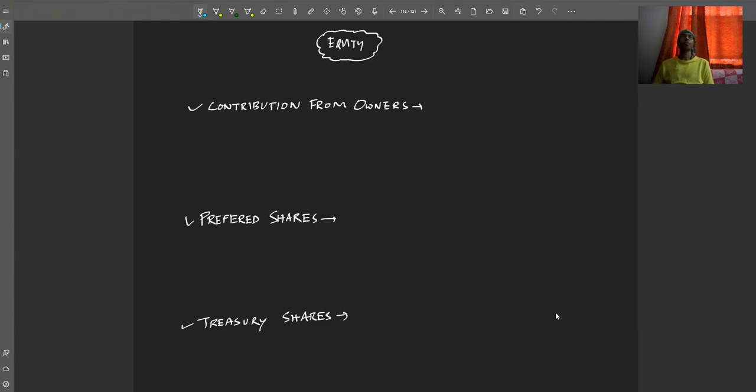So friends, now we come to the equity. Equity, as we know, is assets minus liability. When you adjust the assets for the liabilities, what you are left with is the equity. Now, equity can be bifurcated into various sections or categories. The first of these sections that we discuss is contribution from owners. Contribution from owners is basically the capital contributed by the owners, the shares.